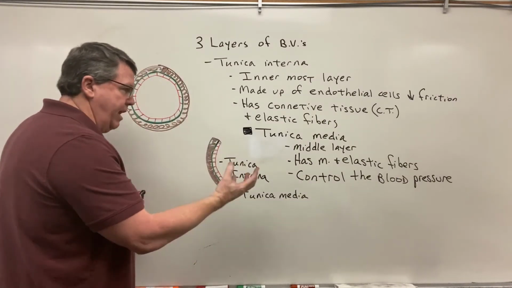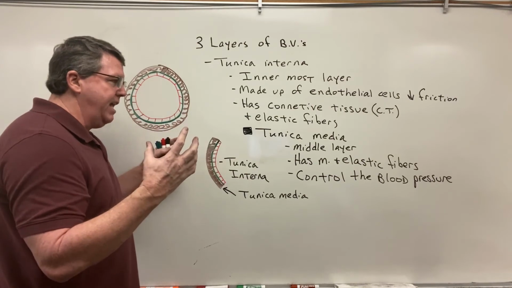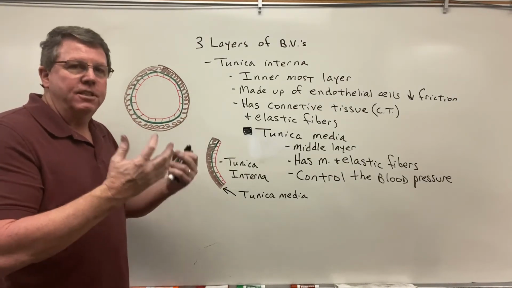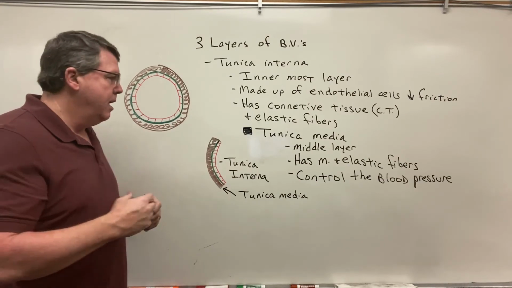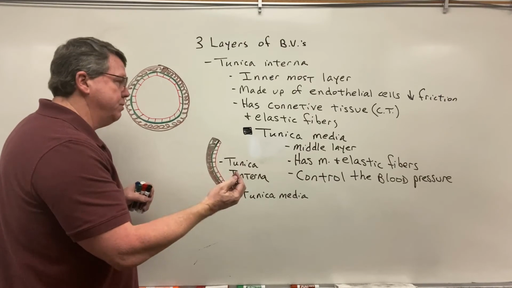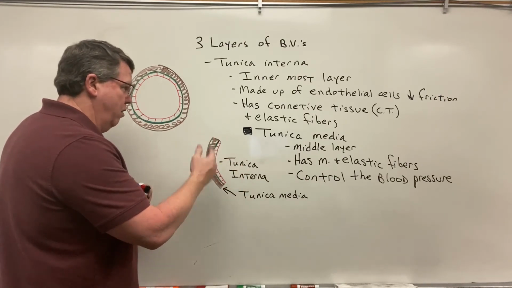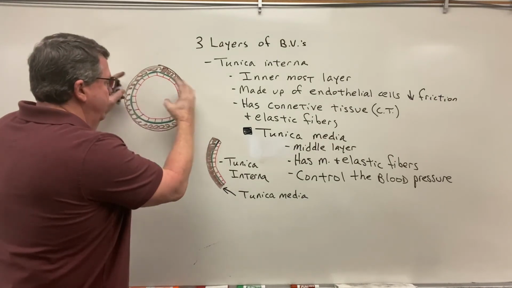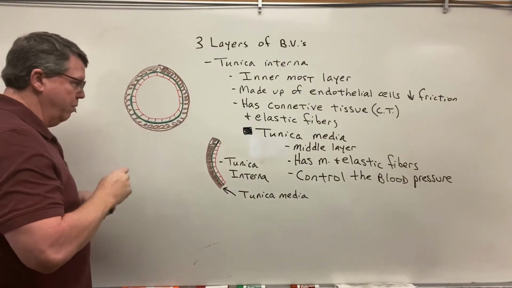If it's made up of elastic fibers, it's designed to expand and contract. So therefore, we can keep those pressure differences in large arteries from becoming too great. If it's going out to the rest of the body, if it's in a middle size or even a smaller arteriole or a middle-sized artery, it's going to be responsible for opening and closing the size of the blood vessel to control the blood pressure.